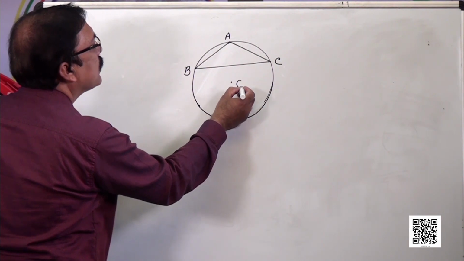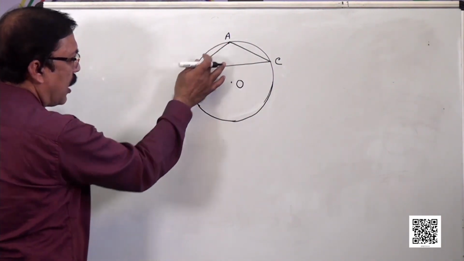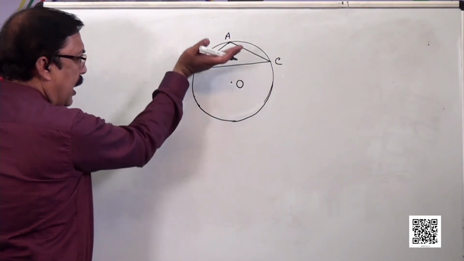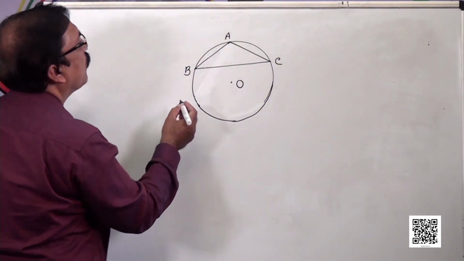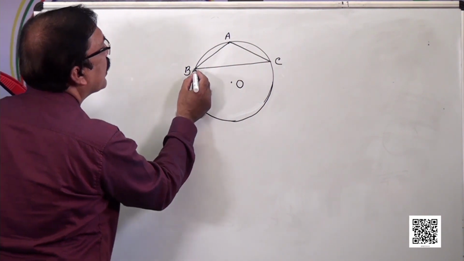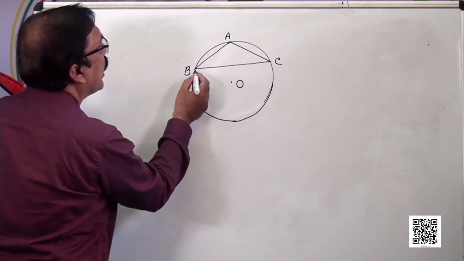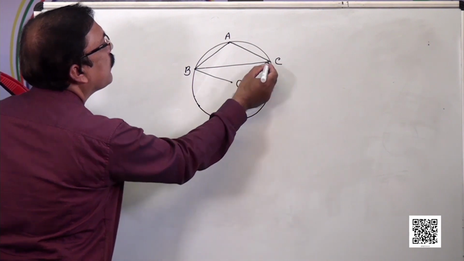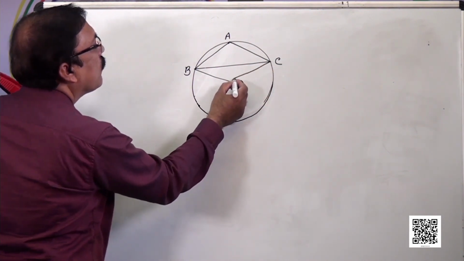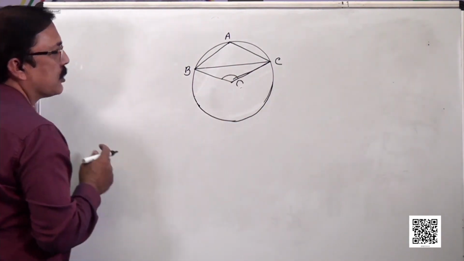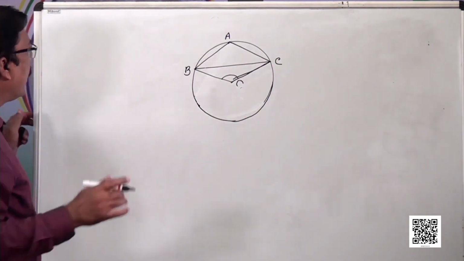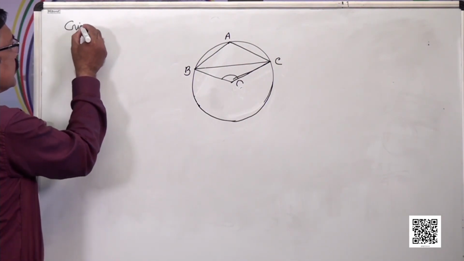O, the center, is here. So AB, AC and BC are on the same side of the center. So we have to show that the angle subtended by BC at O, given by joining BO and CO, means angle BOC.